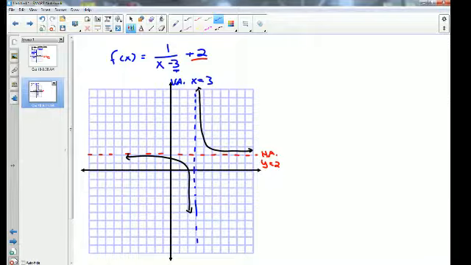I do want to show you one more that's a little bit more difficult. We're going to bring an x into the top. Let's see what the question asks here. Determine the asymptotes for the graph is one question.